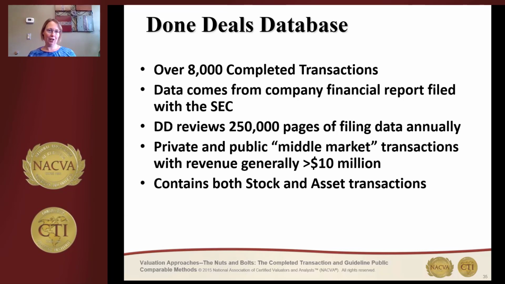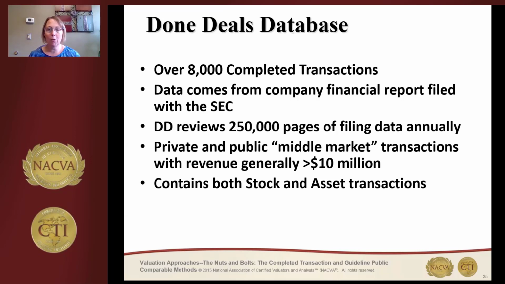So instead of relying on accountants and brokers and transaction intermediaries, we are relying on actual audited financial information that's been given to the SEC, the Securities and Exchange Commission. I would say the quality of the data in here is significantly better than any database you could ask for. Done Deals reviews 250,000 pages of filing data annually.